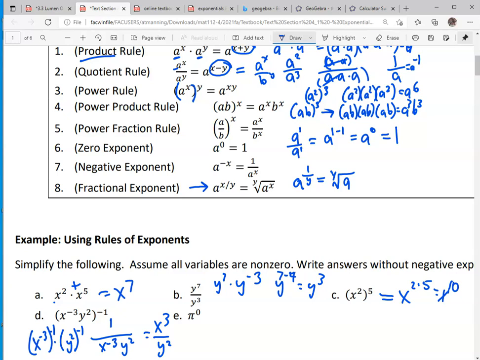So I can use the power product rule and also get x to the negative 3rd to the negative 1. Multiplying those two together gives me x to the 3rd. 2 times negative 1 gives me y to the negative 2. And I remember y to the negative 2 is the same as 1 over y squared.